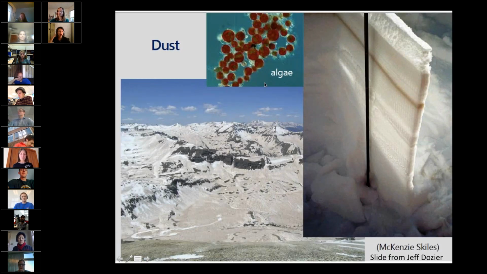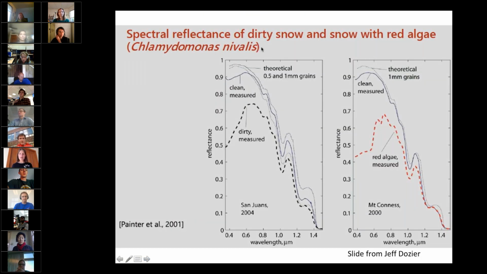Now, clearly, you throw in dust or red algae or something else, and these are some pictures from McKenzie Skiles sent to me via Jeff Dozier. And here are some pictures, again, of going out with a spectrometer, looking at the reflectance. And you can see that the difference between clean and different sized grains is really quite small compared to the difference once you start throwing in really dirty snow or snow with red algae.